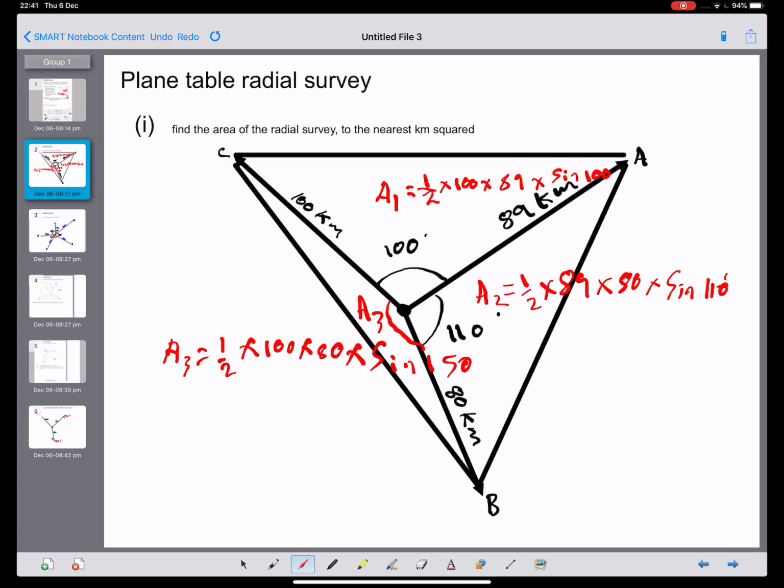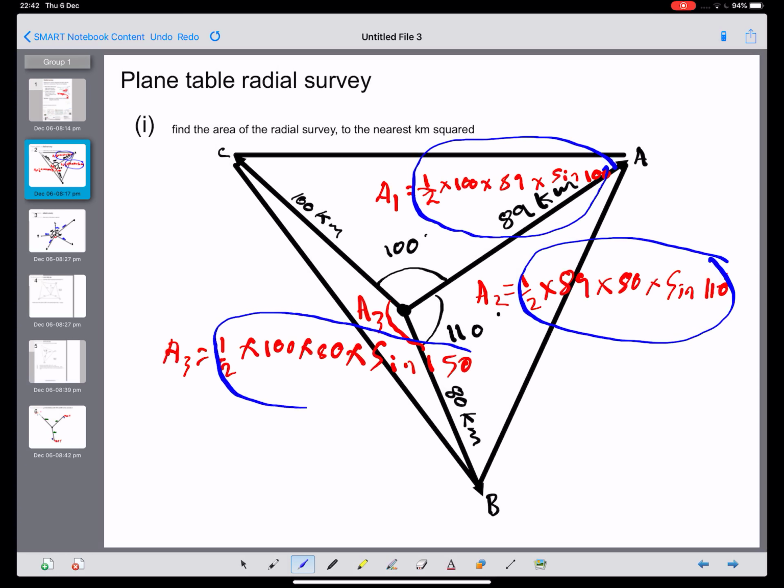Okay, so you're going to input these into your calculators. You're not going to work them out because that's going to give you a rounding error. That's really important. So we input each of these, this, and this. Once you've done that, I'm going to denote that as T. We're asked to find the nearest kilometre.